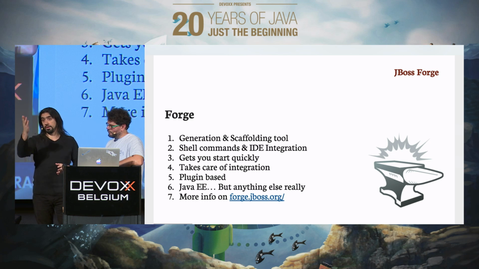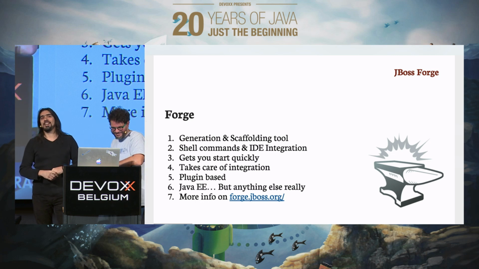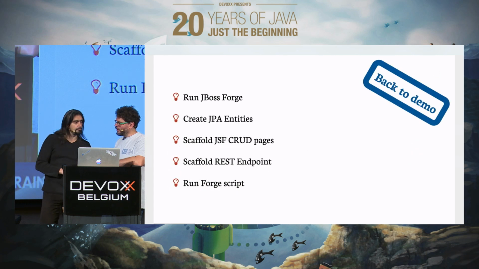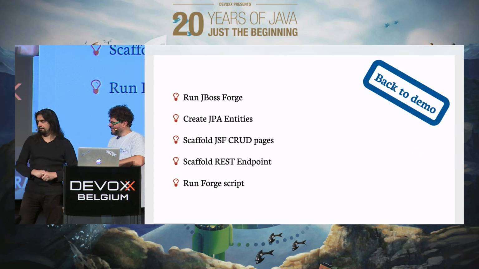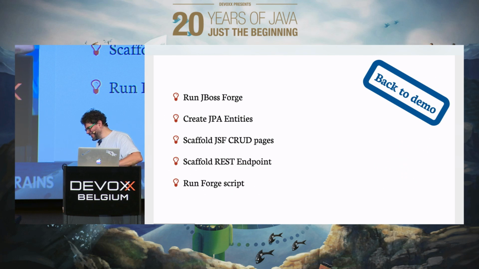There's even one for Spring Boot. JBoss Forge can scaffold a lot of different technologies, but we will use Java EE. You forgot to mention WildFly Swarm as well. Yeah, add-on.